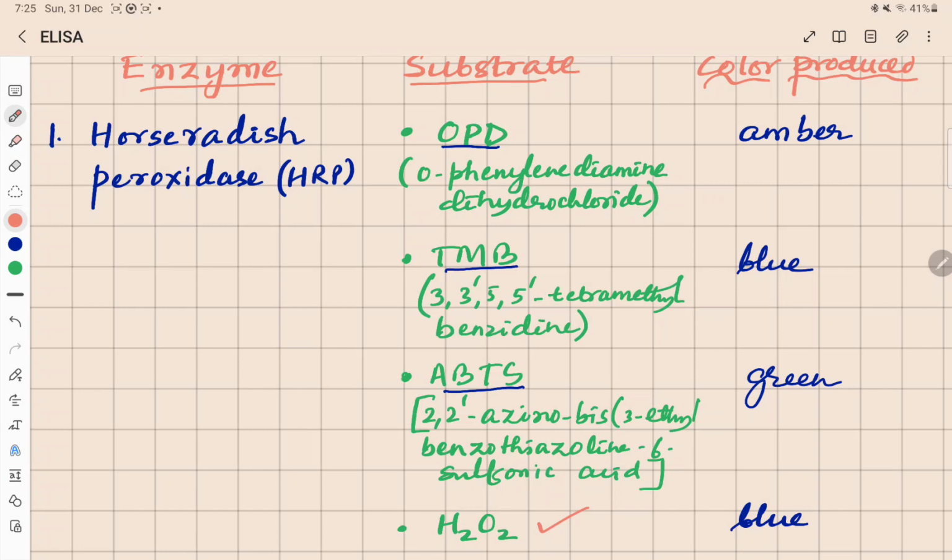With HRP we can use all four substrates, but the most commonly used is hydrogen peroxide, with a blue colored product.